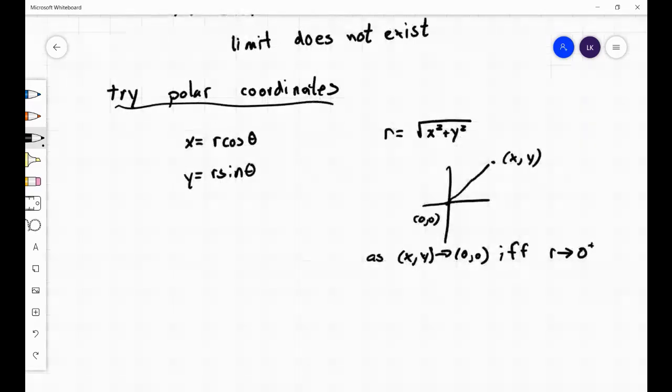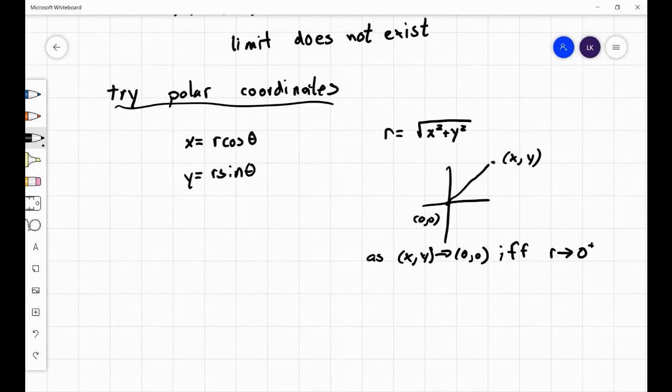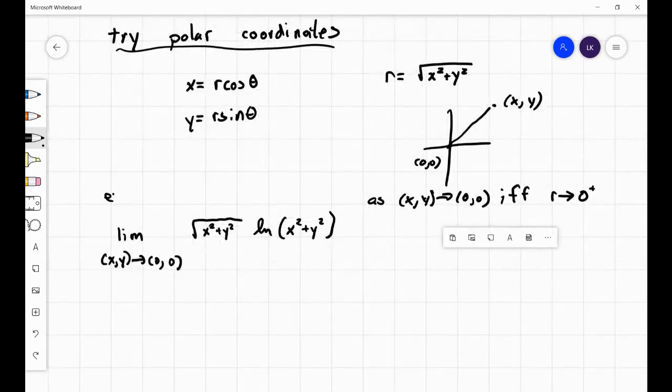Let's see, so maybe I have a well-known example here. I try to use polar coordinates if I see a lot of x squared plus y squared business going on. All right, so this is our next example where I'll try using polar coordinates.